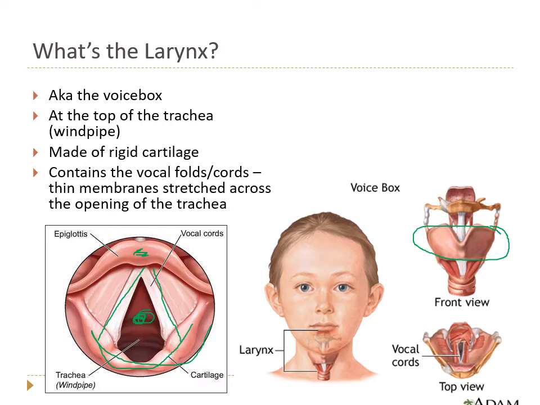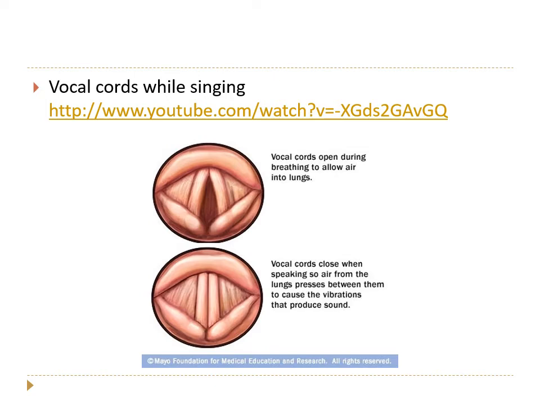So your vocal cords are really quite amazing. They're these really thin membranes that are stretched across this opening. And we have muscles that allow us to make that opening between them wider so that we can take a big breath in, or to make it teeny, teeny narrow. And when we make it teeny narrow is when we can actually produce sound.